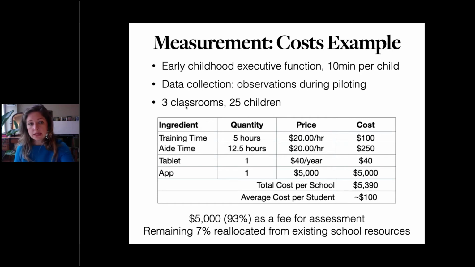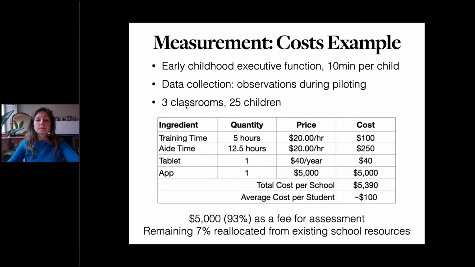It's delivered with 1 tablet with an app that's purchased. And so here we'll see it separate from the quantity. We've got prices that show the market rates of these different ingredients. We translate that into costs, and then we have an average cost per student.